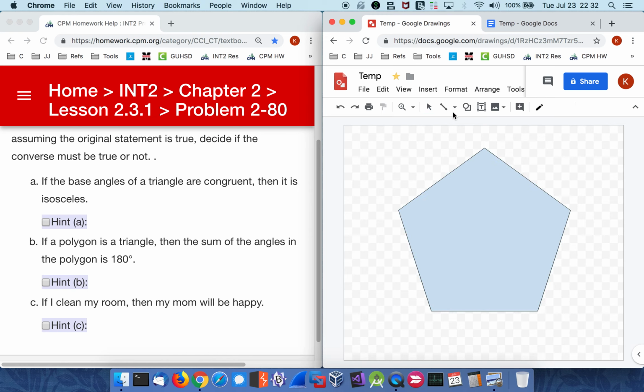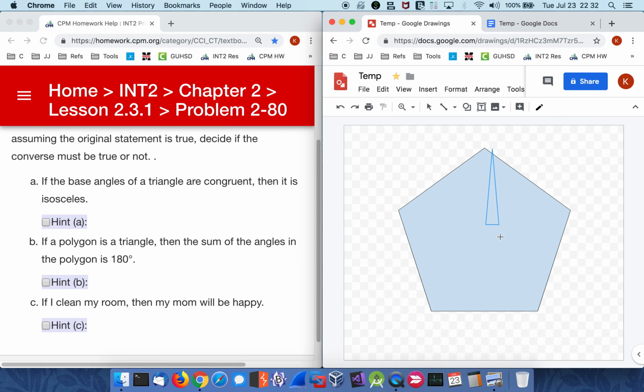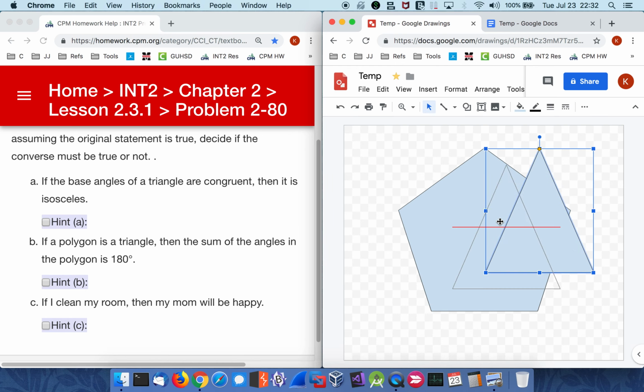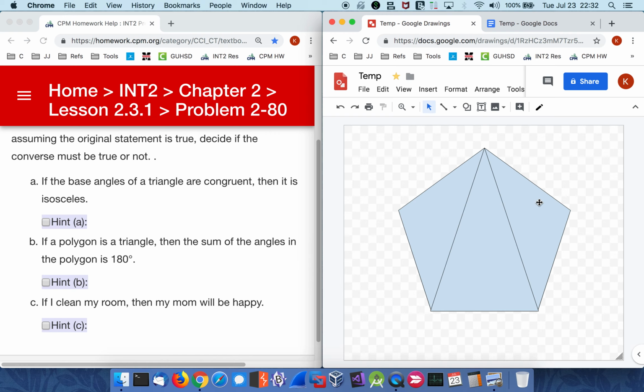One way to see how many degrees are in there is to fit it with triangles. How many triangles fit in a pentagon? There are 3 triangles. So there's going to be 180 plus 180 plus 180, so something like 540. Definitely more than 180.